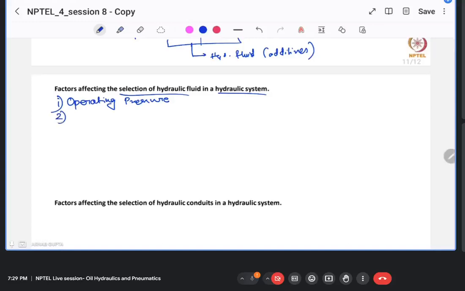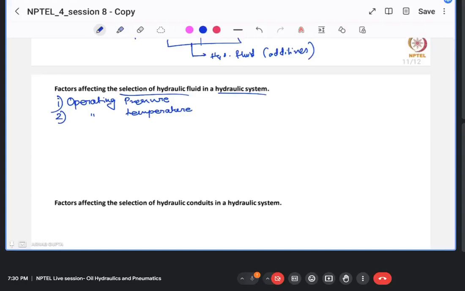Next is your operating temperature. If your temperature is high, then you should be using some type of fluids. If your temperature is drastically low, like I said, in polar regions or in places where temperatures go below the freezing point, sub-zero temperature, it becomes a challenge because while starting, the hydraulic fluid gets frozen and it becomes difficult to start the machine.